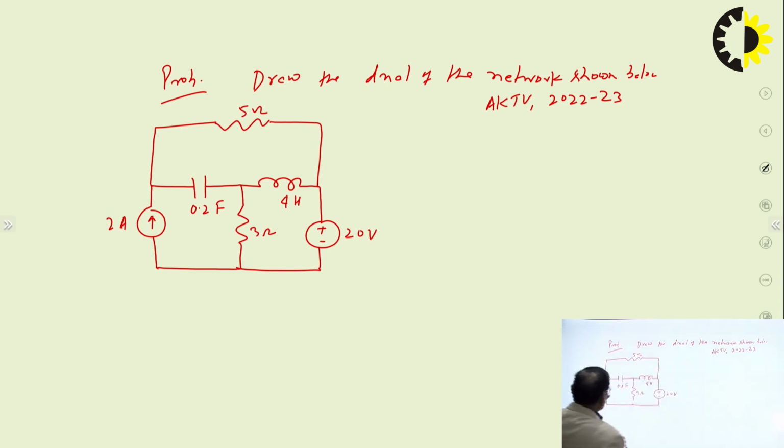In the given network there are 3 meshes. This is mesh number 1, this is mesh number 2, and this is mesh number 3. Inside each mesh place a node and number them: 1, 2, 3. Second, orient all the meshes in the clockwise direction.